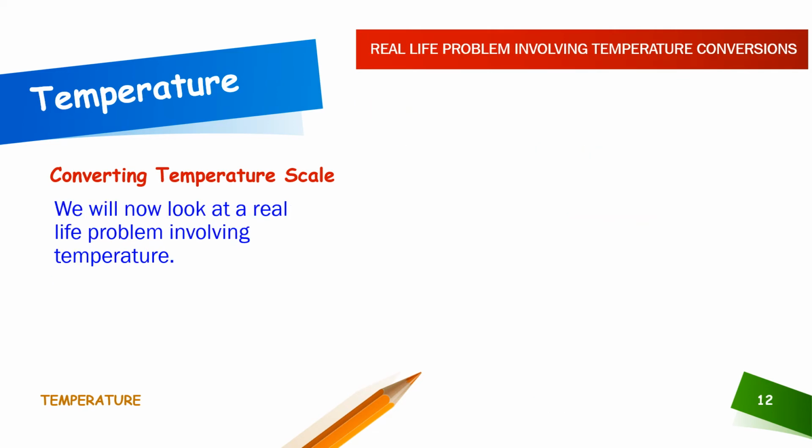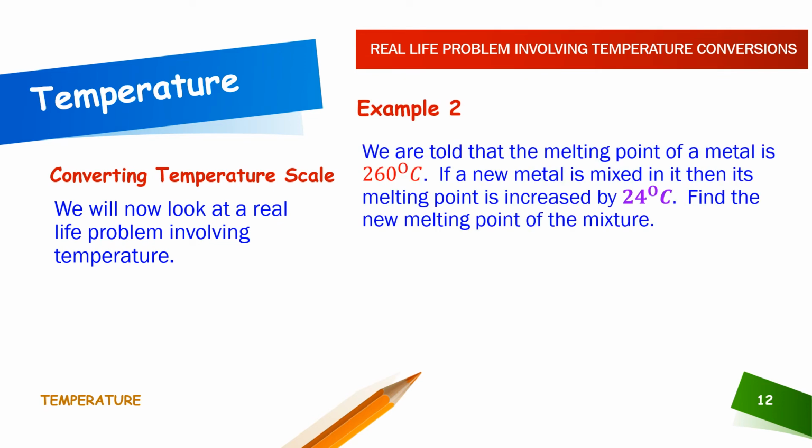We will now look at a real-life problem involving temperature. We are told that the melting point of a metal is 260 degrees Celsius. If a new metal is mixed in it, then its melting point is increased by 24 degrees Celsius. Find the new melting point of the mixture. So let's solve this.